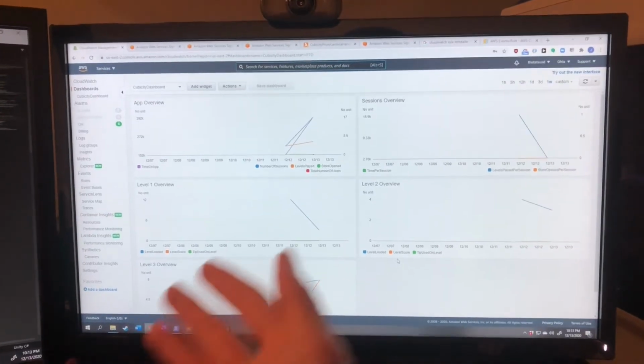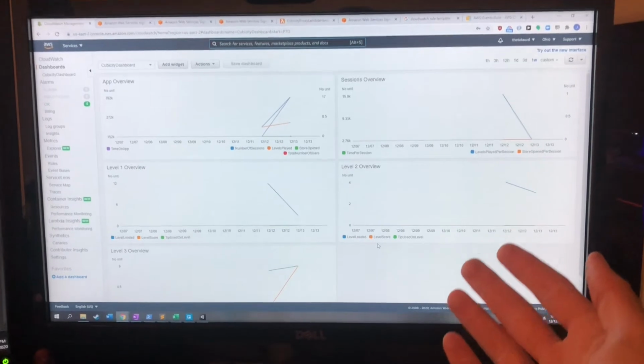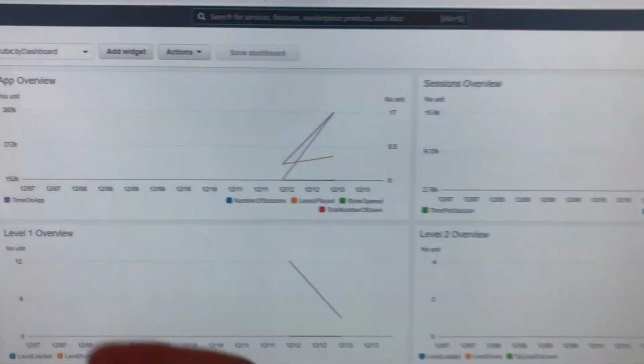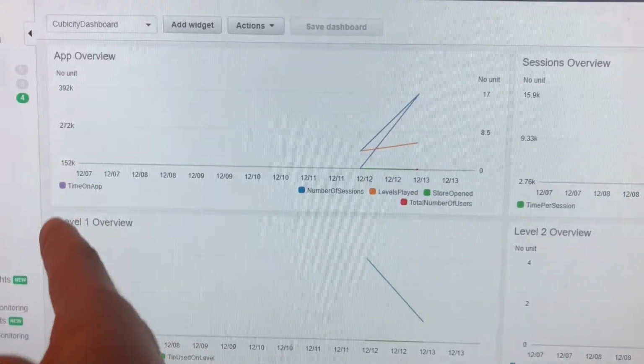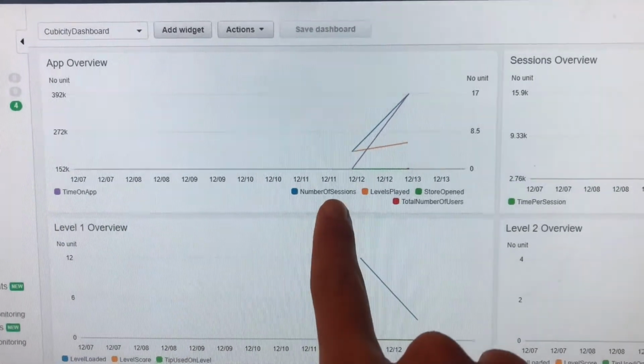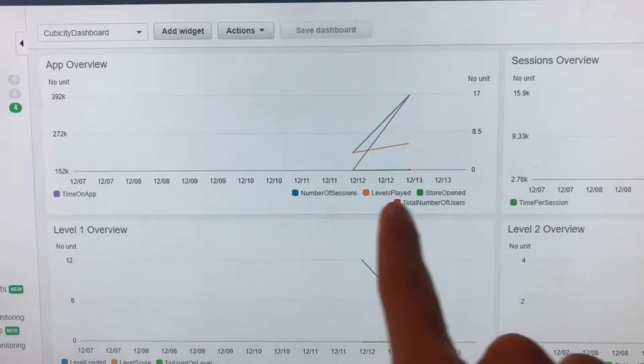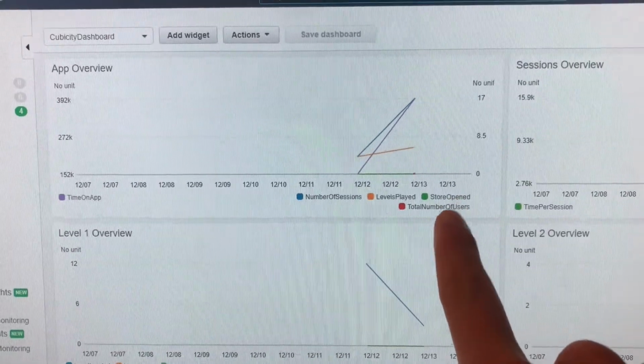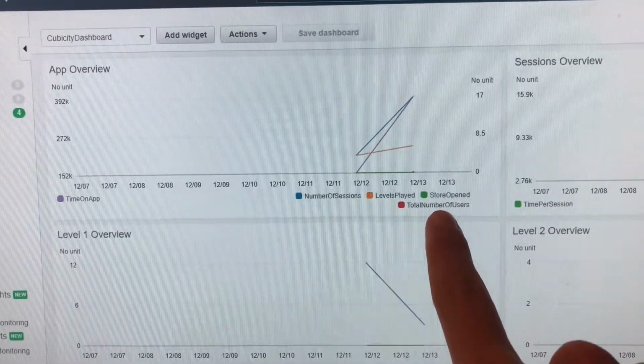Okay, so here is my dashboard. If you look here, we have the overview, and some things I have is the total time on app, the number of sessions per user, the levels played per user, the number of times the store got opened, and also the total number of users.